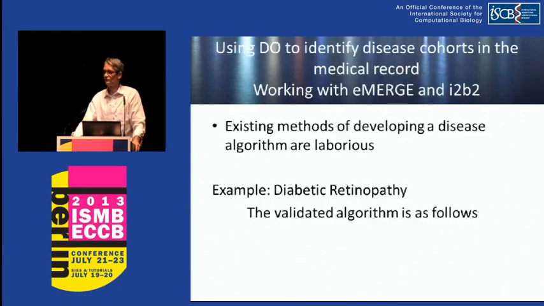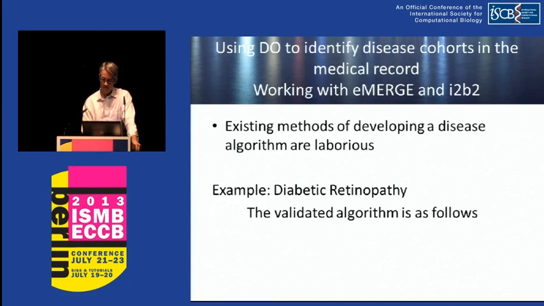So I'm going to switch from talking about that phenotype side of things to talking very briefly about some work we've been doing to use disease ontology to mine data from a medical record. And I'm going to take as my example one particular aspect of diabetes, and that's patients who've had diabetic retinopathy.